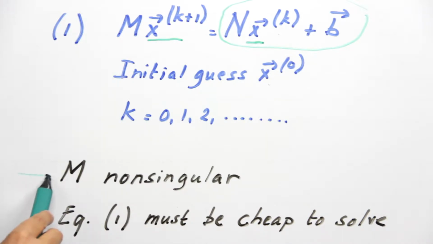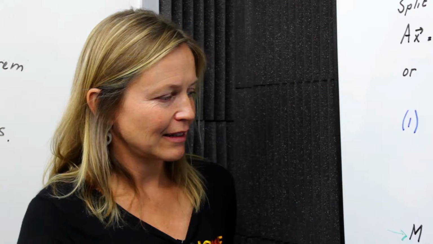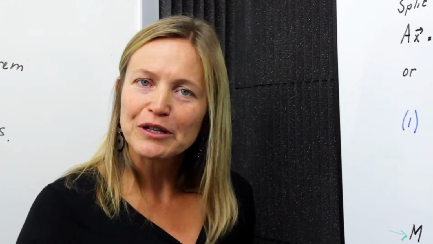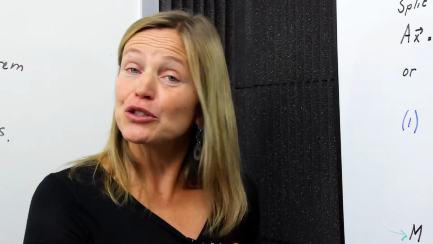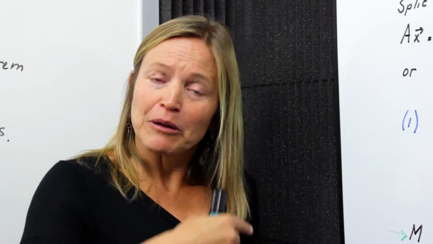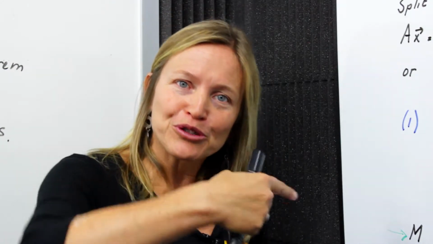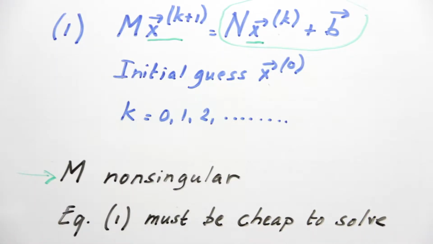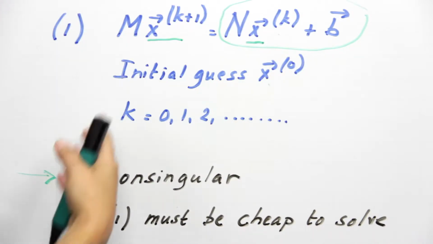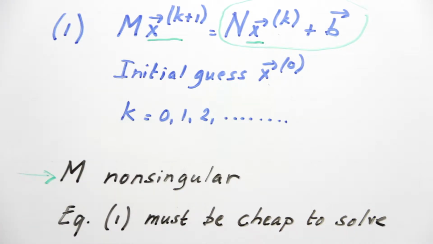So that's our first requirement: M is non-singular. Now, this equation 1 must also be cheap to solve, because if it were expensive, then what's the point in the iteration? We'd be solving a lot of these systems, every time expensively, and maybe the total cost would be higher than solving Ax = b directly.